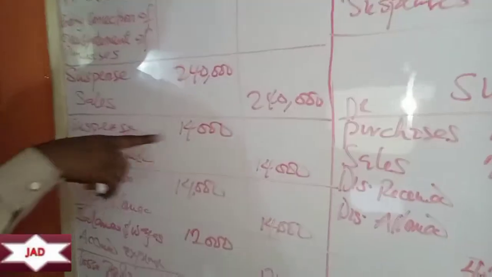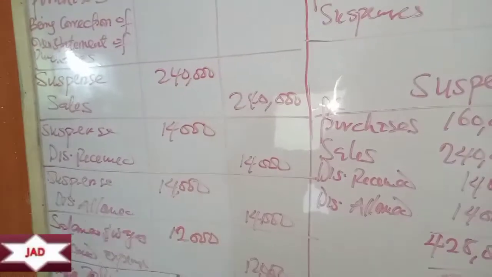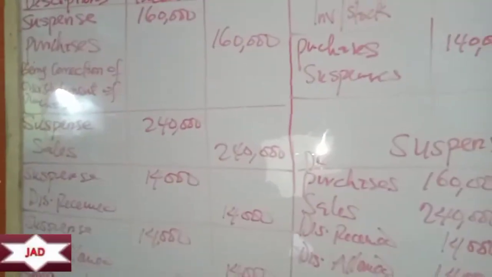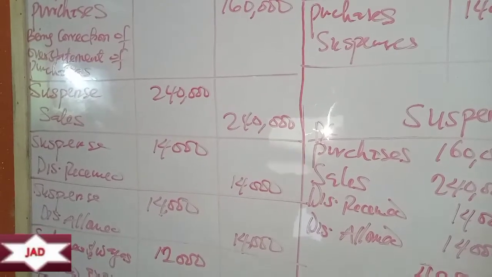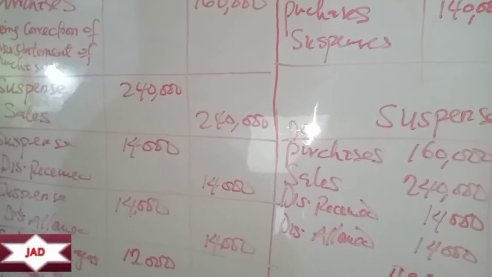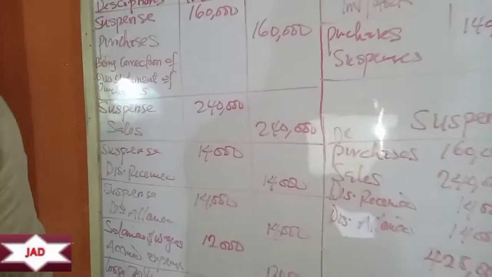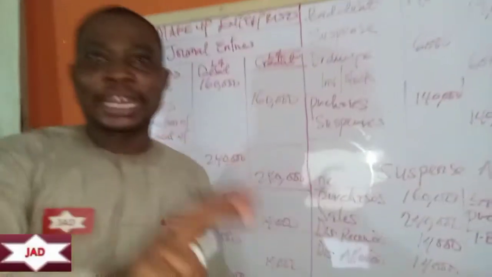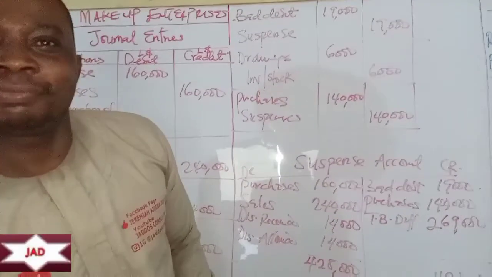Here we have suspense. Discount received here. What's the error? They said discount received of $14,000 had been debited to discount allowed. So that means that discount received is an income. But because it was not recorded at all, it means you have understated the income.